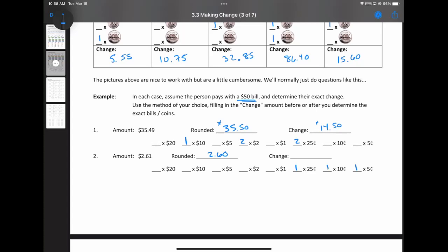To get from $3 to 5, I'm going to add $2. So that gets us to 5. I'm going to add $5 to get us to 10. And then to get from 10 to 50, I need 2 20s. And from that, I can now calculate the change, which is 47.40.